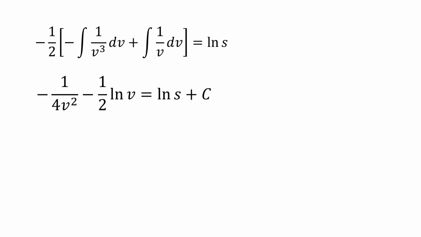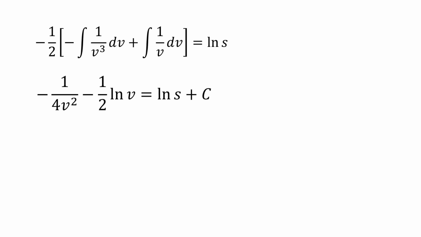Now we have negative 1 over 4v squared minus 1 half ln v is equal to ln s plus C. By applying the rule of natural logarithm, we are going to multiply both sides by e.